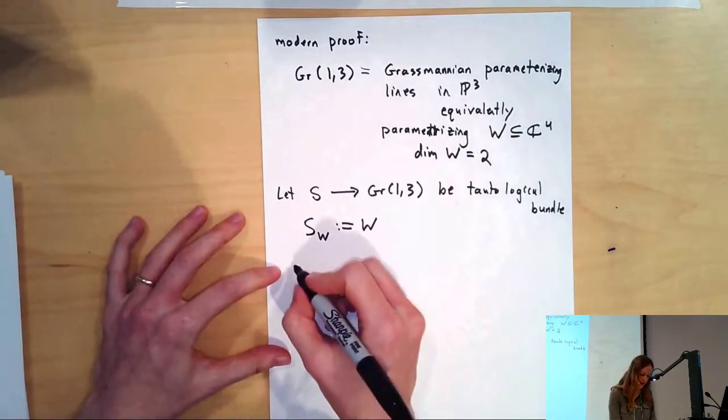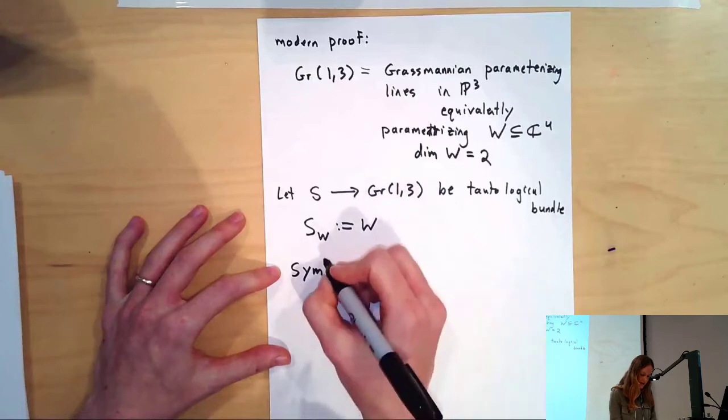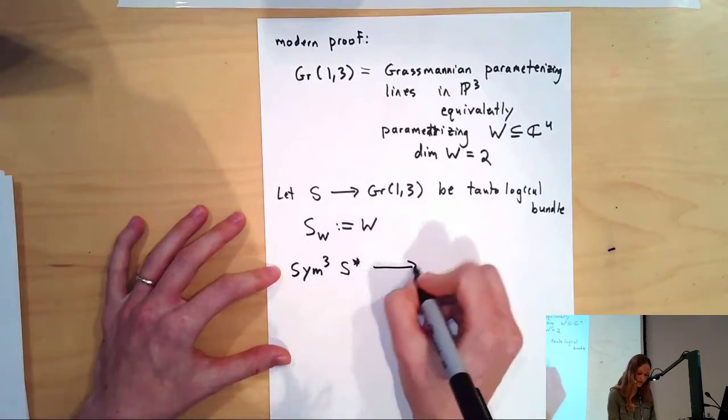And then we can form the vector bundle Sym^3 S dual.